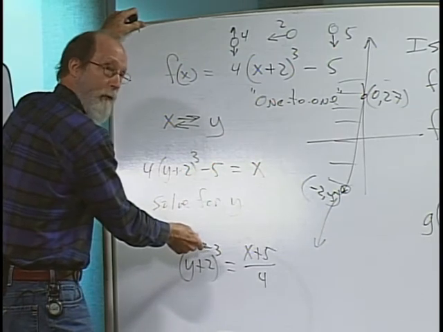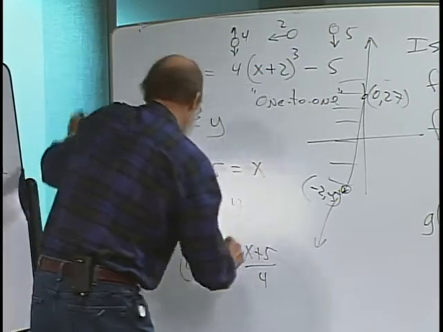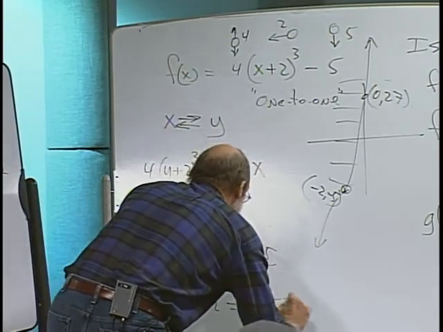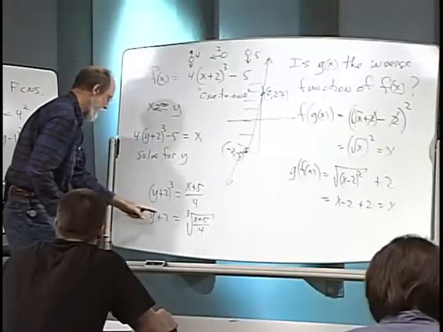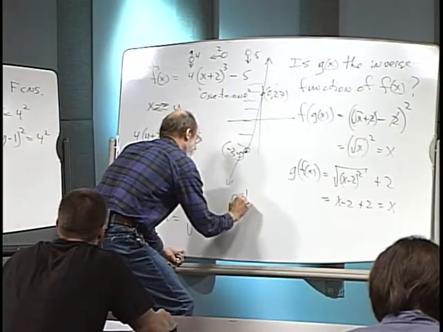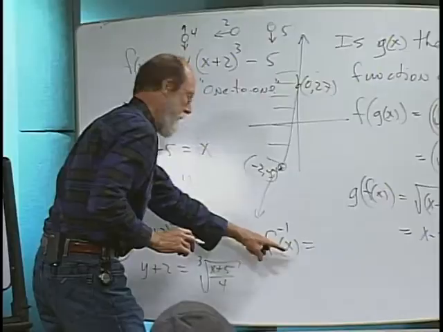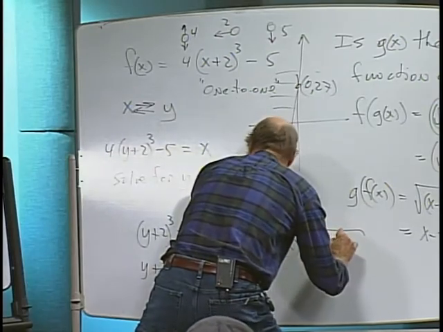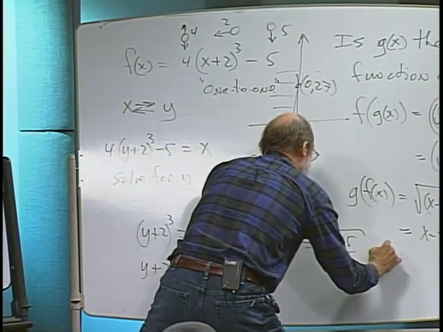We're applying the inverse process to release what's inside here. We get y plus 2 equals the cube root of x plus 5 over 4. Then we kick the 2 to the other side, and we get an inverse function, which you can now call f inverse of x, equal to the cube root of x plus 5 over 4, and then minus 2 outside of that.